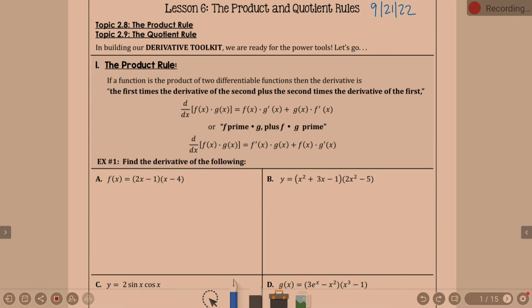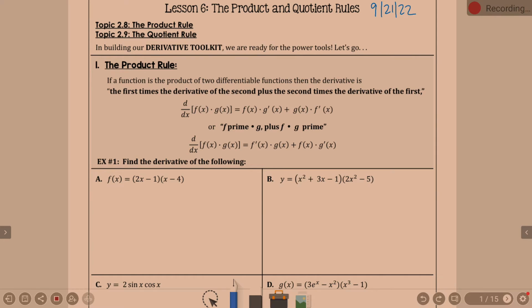The product rule: if a function is the product of two differentiable functions, then the derivative is the first function times the derivative of the second, plus the second times the derivative of the first. So that's saying if you have two pieces, and I'll be honest, I usually do that the opposite of what that one reads, but it's saying take the derivative of one, keep the other, plus, and now flip-flop it.